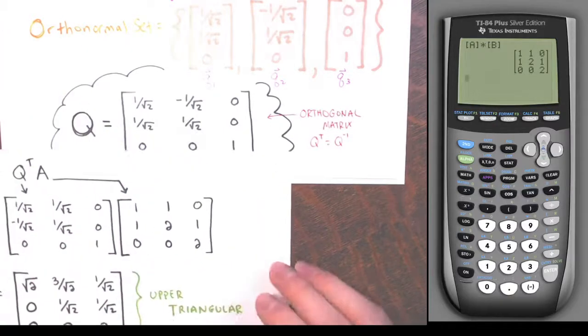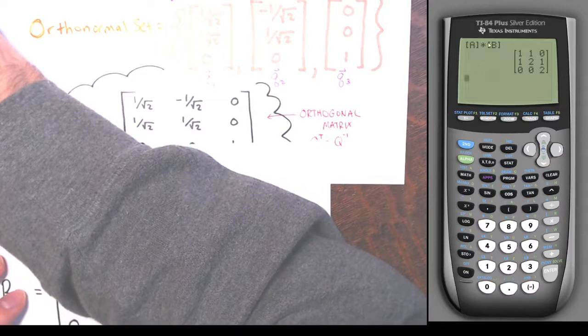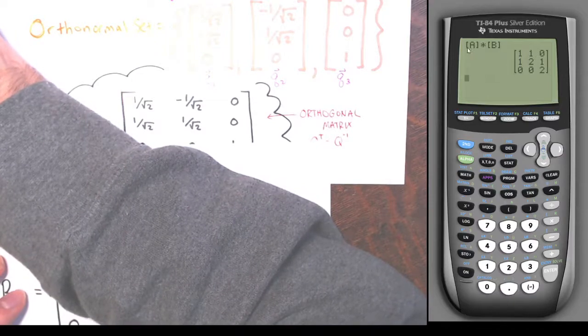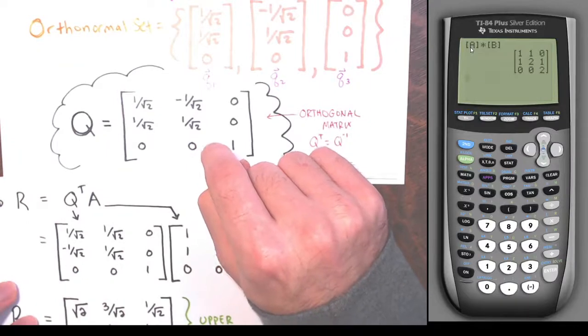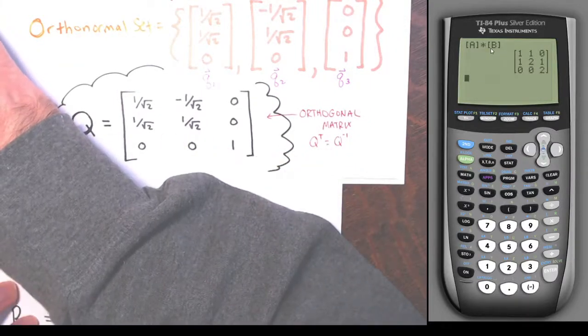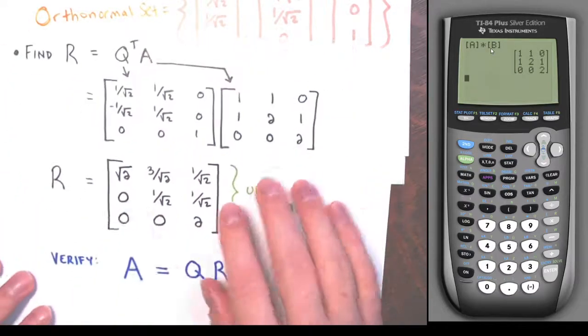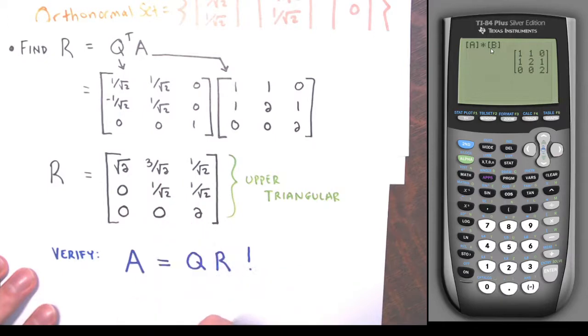Okay, we're back, and I entered them into my calculator. Matrix A you're seeing on my screen is matrix Q. I entered these numbers in a 3 by 3 matrix. Matrix B on my screen is matrix R, this upper triangular matrix.